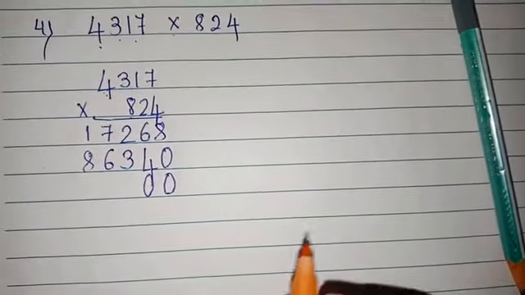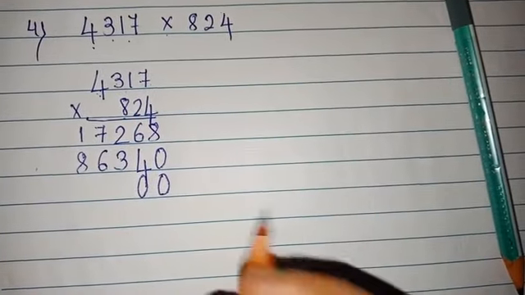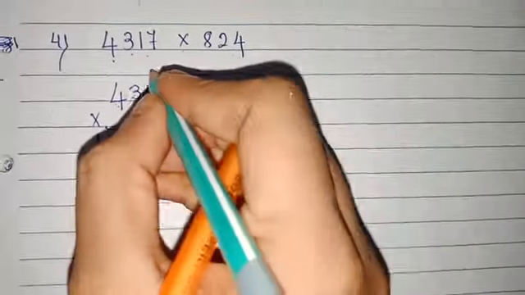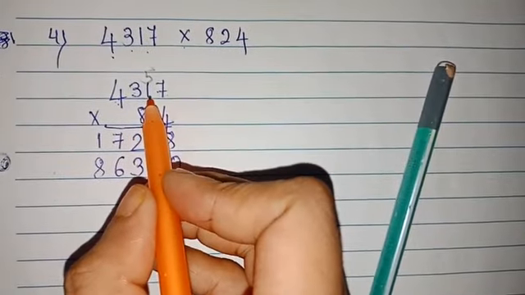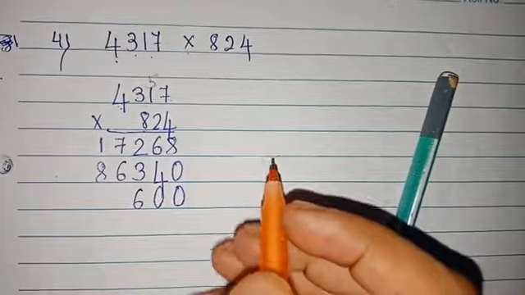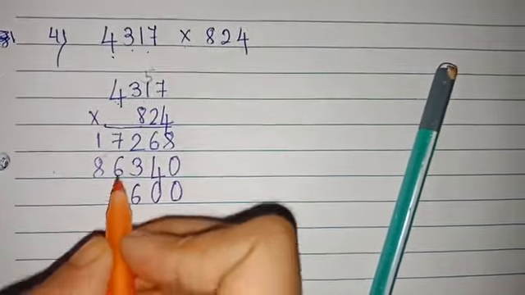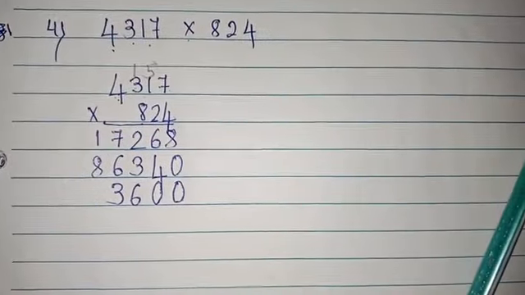Done. Now 8 sevens are 56, so 6 will come here and carry forward 5. Now 8 ones are 8, 8 plus 5 is 13, so 3 will come here and carry forward 1. Done.